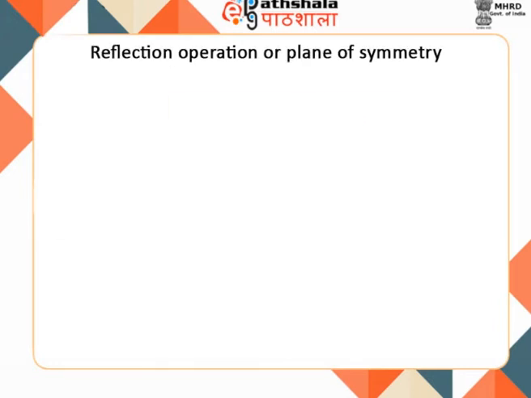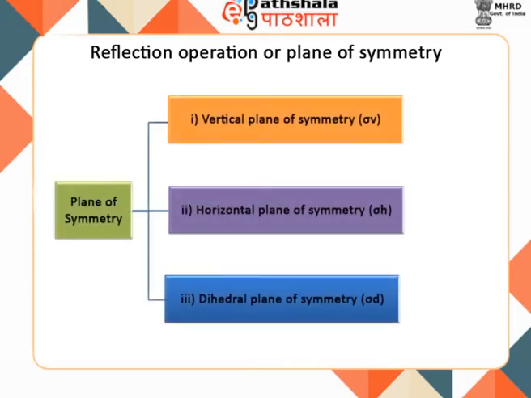Next is plane of symmetry or reflection operation. If the reflection of all the atoms of a molecule through a plane passing through the molecule yields an orientation which is indistinguishable from the initial one, it is known as reflection operation, and the plane is called plane of symmetry.